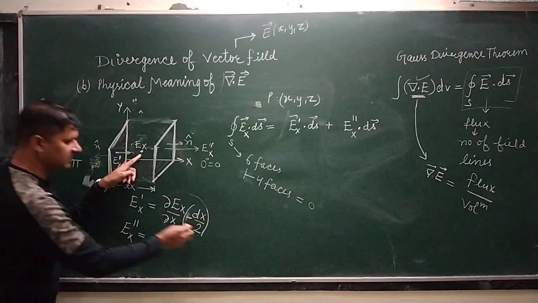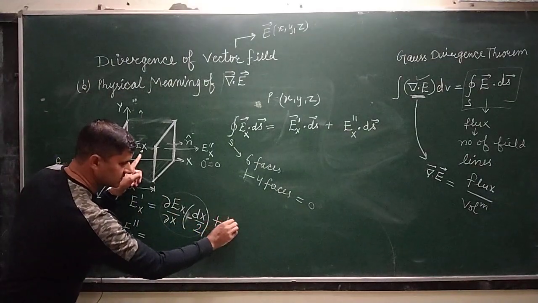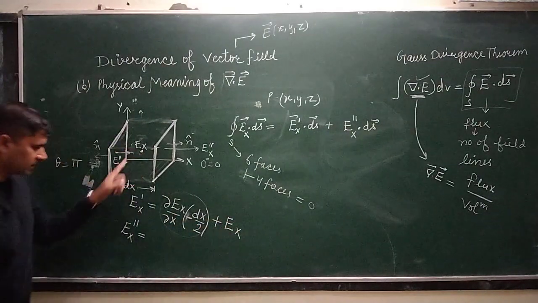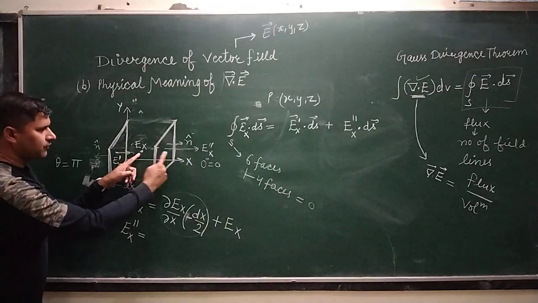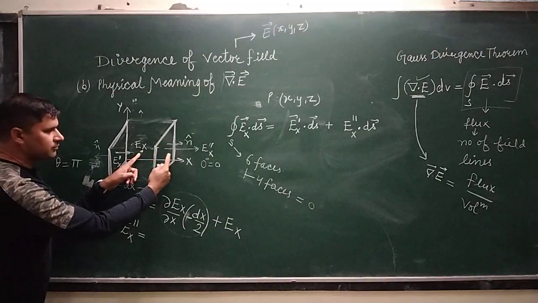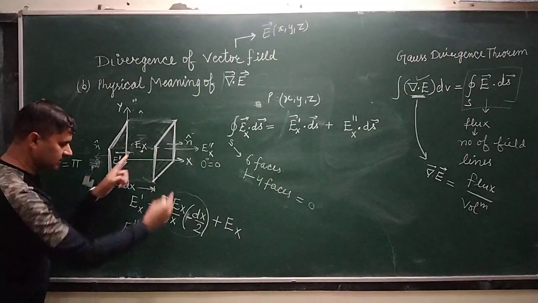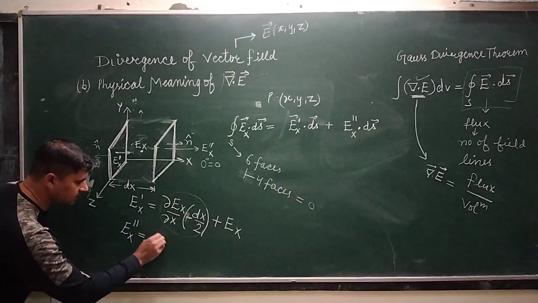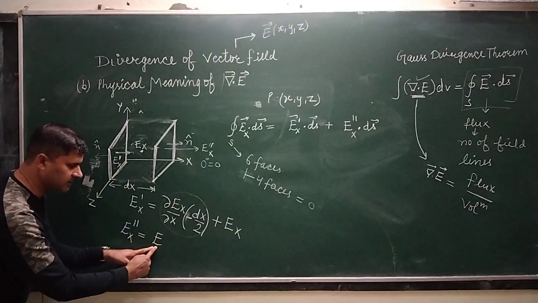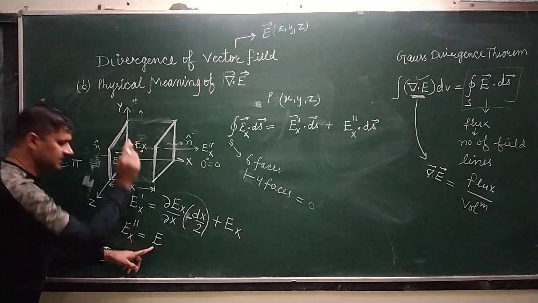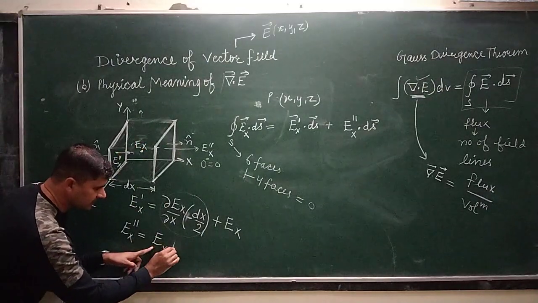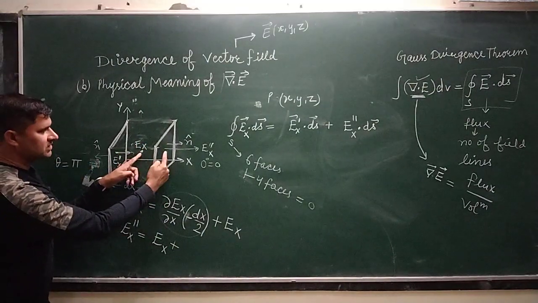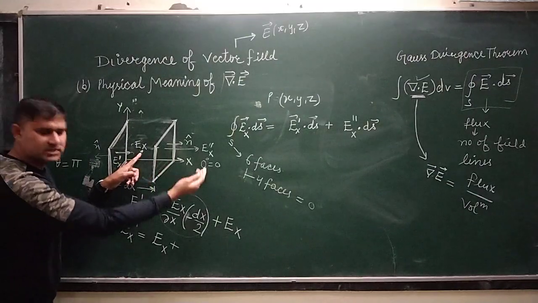And what is the value at point P? This is Ex. In the same way, to find the value of x component of electric field at the second face, what will you do? You will write the value of Ex component of electric field at point P, and this is Ex. And then by how much amount does this component change when you move to the second face?